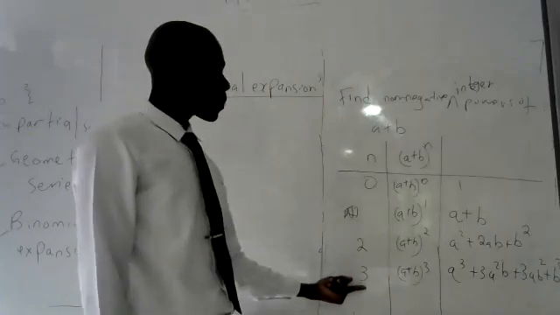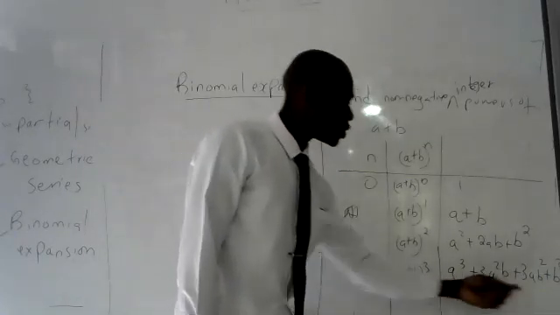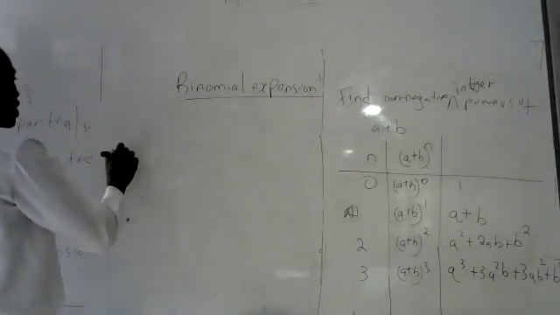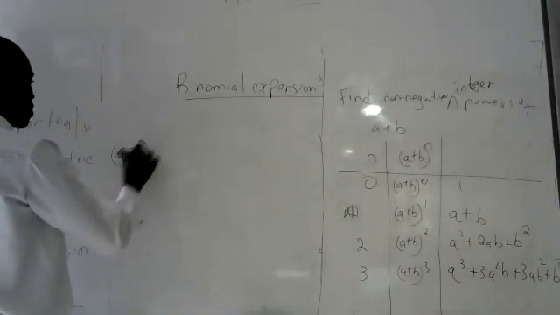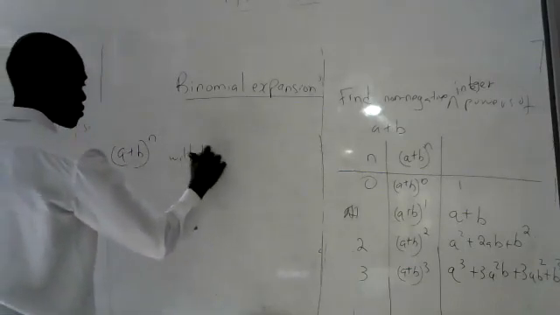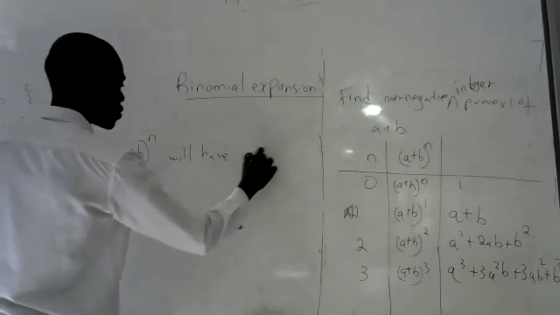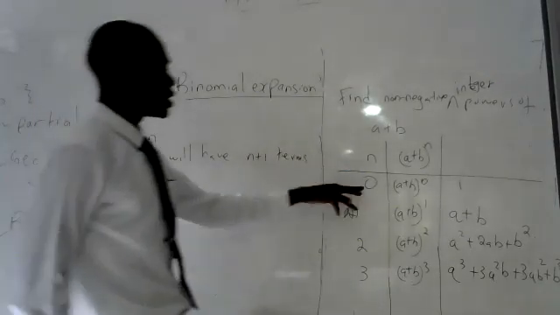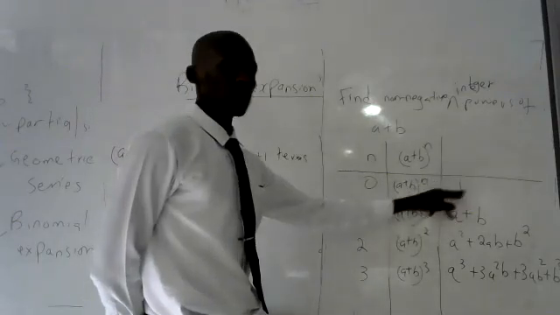When n is 3, we are getting 4 terms: 1, 2, 3, 4. So we can actually guess that (a + b) to the n will have n plus 1 terms.